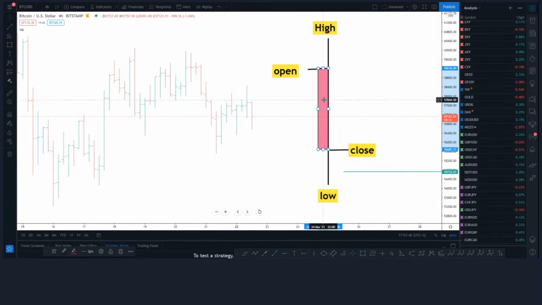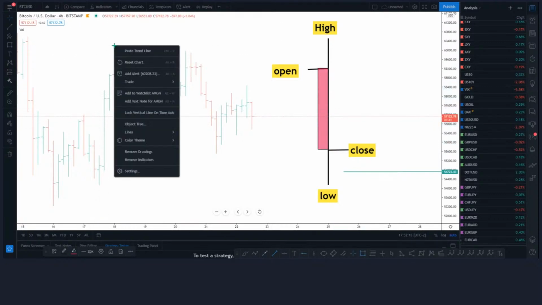The bar chart is more clear, you can see better. Sometimes it's better if you want to look at a bigger time frame and cover, let's say, 3-4 years. A candlestick will be too wide, but the bar chart gives you a narrower style, so it's better from this point of view.